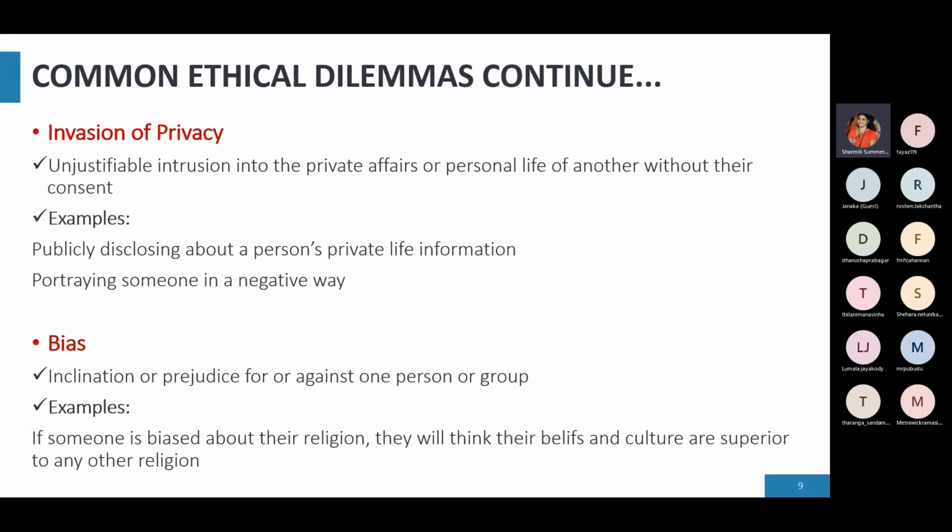Then bias. You all know what bias means. We studied what bias is, what the types of bias are, what unconscious bias is. Bias means simply that we talk for only one person's side. If both persons have a problem, we see only one side.